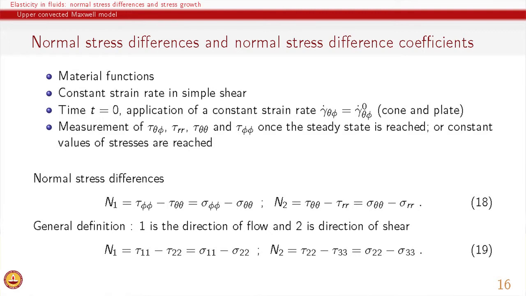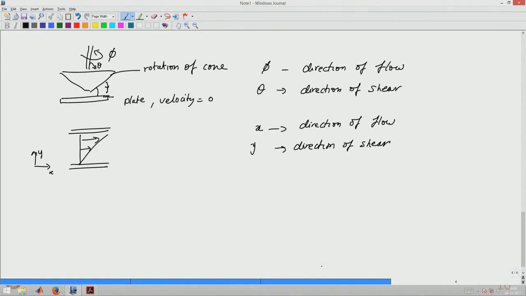Now, as far as realistic materials are concerned, it is generally known that both normal stress differences are present. So, N1 and N2 are both exhibited by materials such as, let us say, polymer melt.